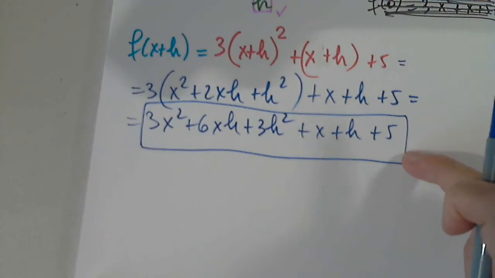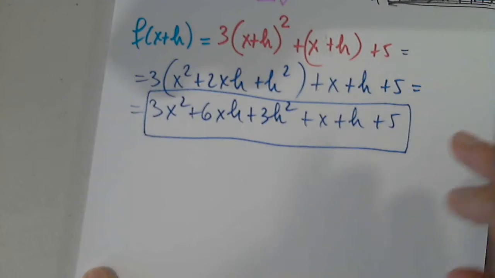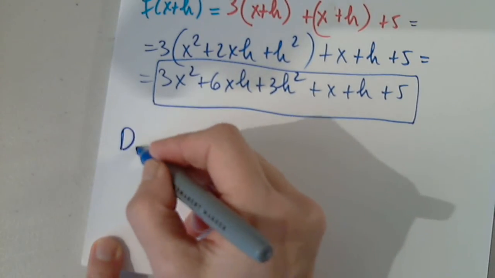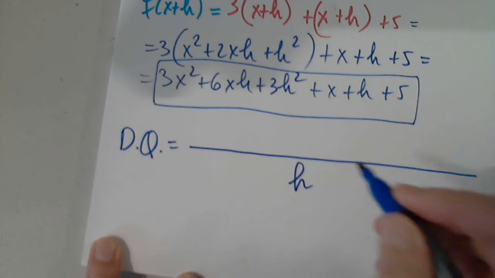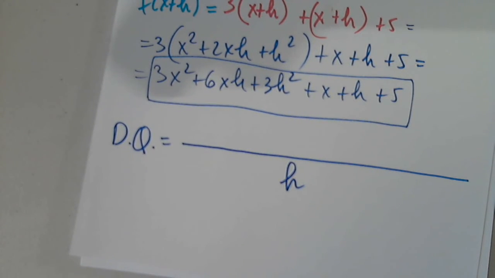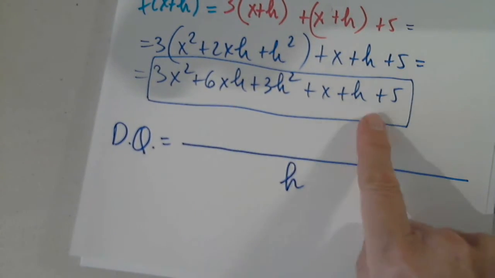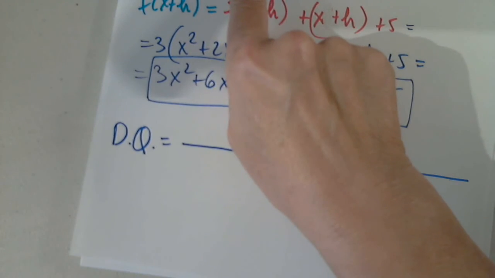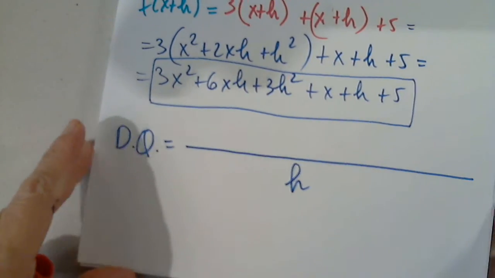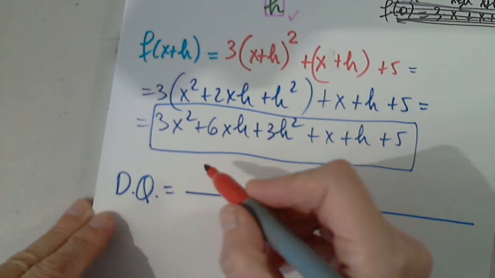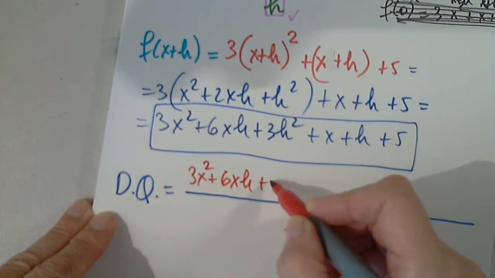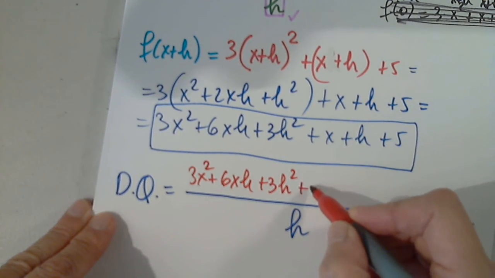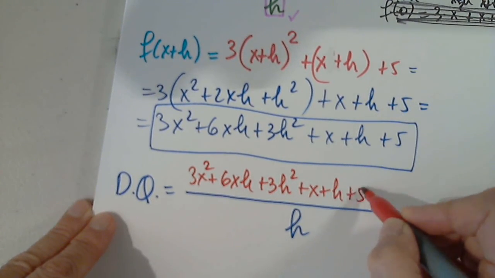That is this. So now I can put everything together and start from scratch the difference quotient. So I will copy all this that replaces that, the f of x plus h. So 3x squared plus 6xh plus 3h squared plus x plus h plus 5.